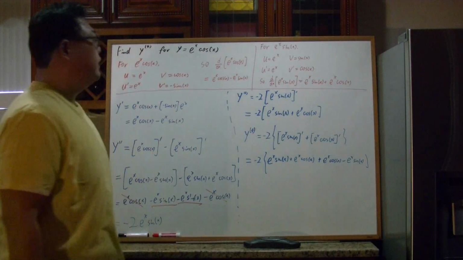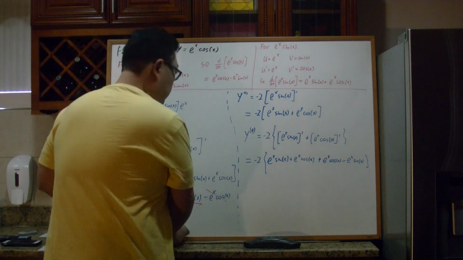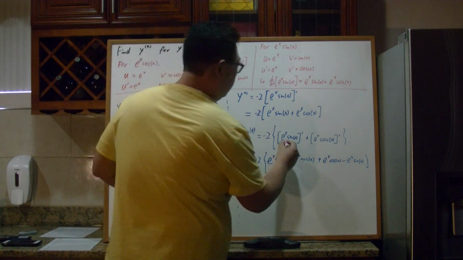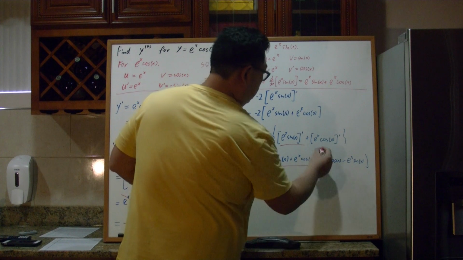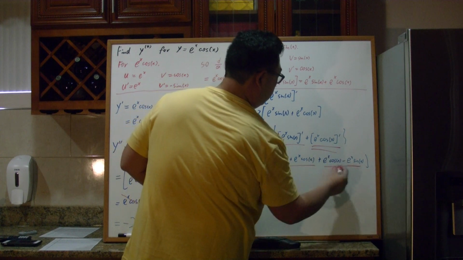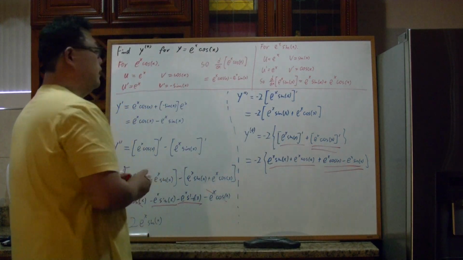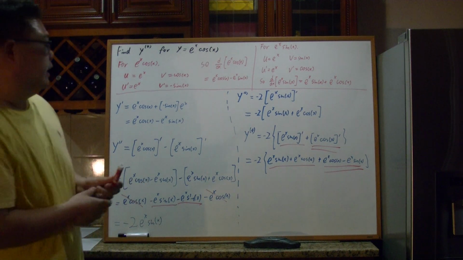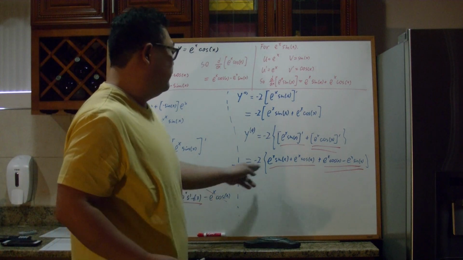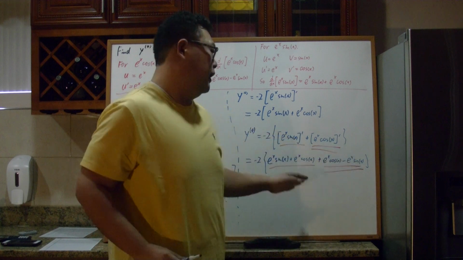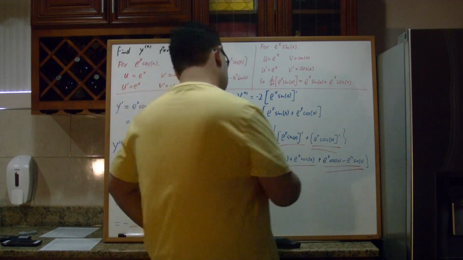What we get is this expression: just copy down whatever we had for e to the x sine x and for the derivative of e to the x cosine x as we had seen before. Then some terms cancel, some terms are combined together.